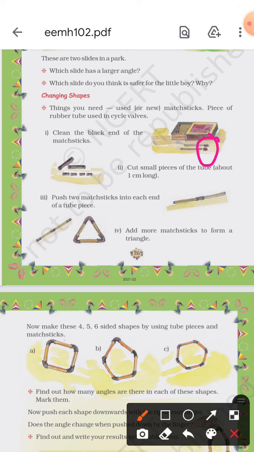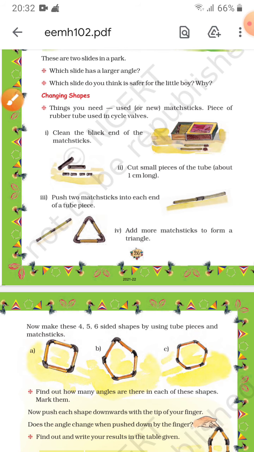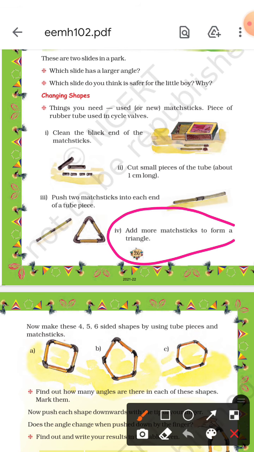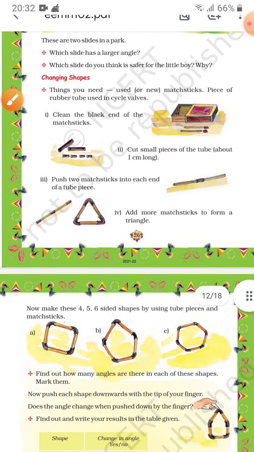Then we have to cut small pieces of the tube. It should be about 1 centimeter long. Then put 2 matchsticks into each end of a tube piece. Okay, and then add more matchsticks to form a triangle. So we have to do the activity.